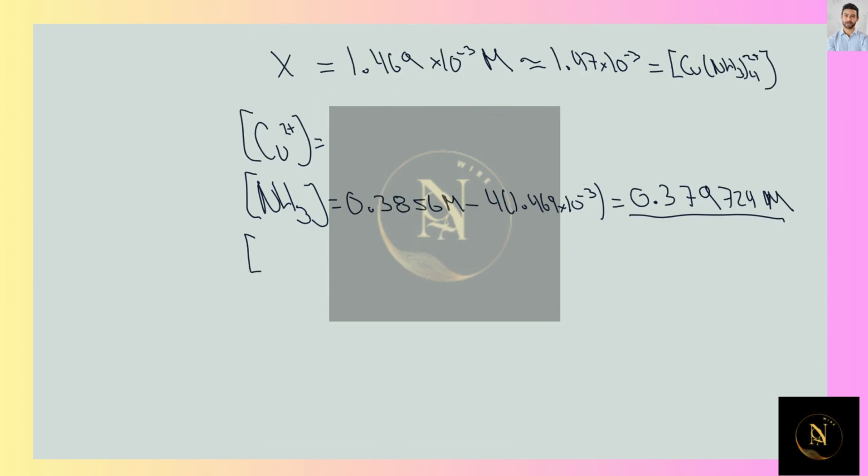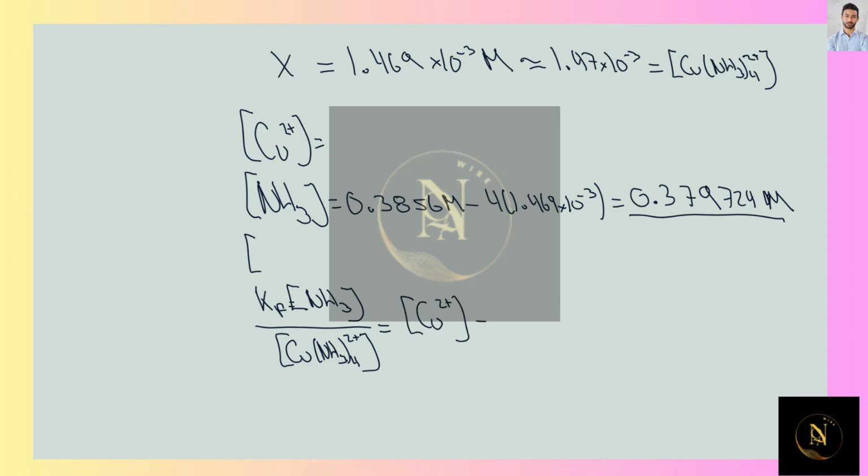Now we can solve for the concentration of copper 2+ because we know that the formation constant times the concentration of NH3 divided by the concentration of my complex compound, Cu(NH3)4 2+, is going to be equal to the concentration of copper 2+.